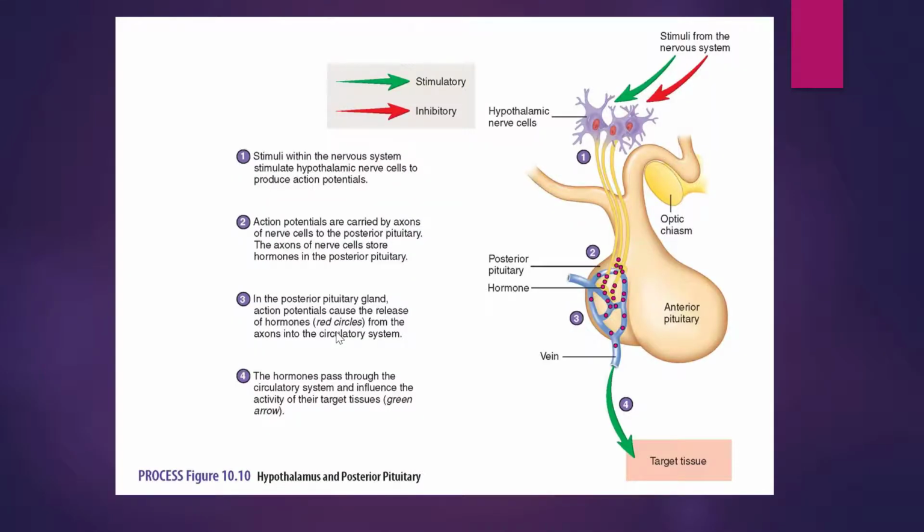Okay, so pretty much right here, it doesn't really show oxytocin, but this is only a general view of the route for hormones from the hypothalamus going into the posterior pituitary gland and then going into the target tissues.